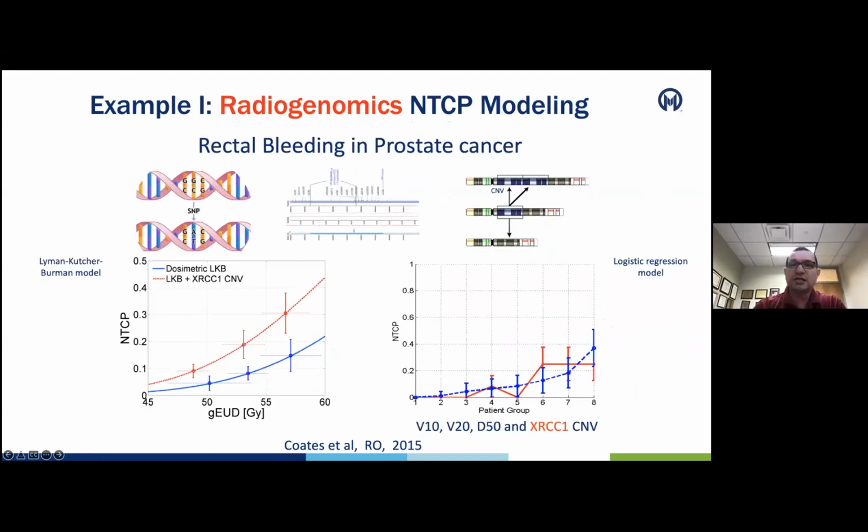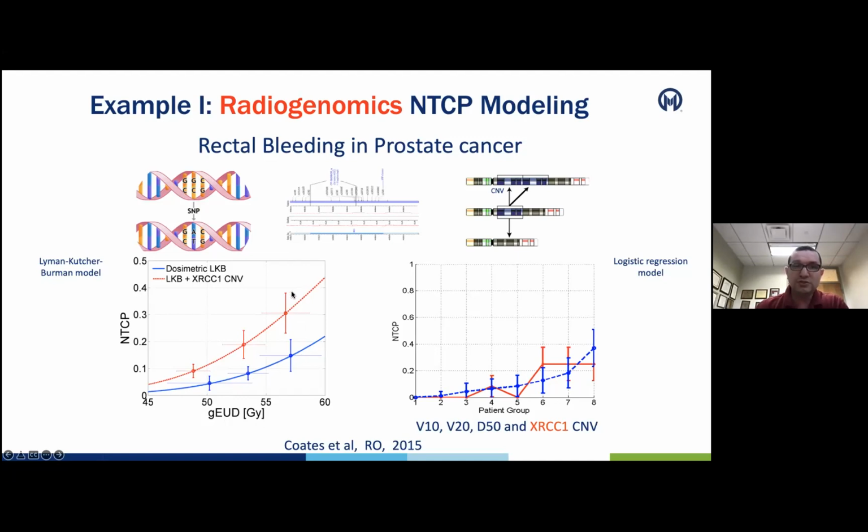I'm going to show an example for rectal bleeding in prostate cancer. In this case, we are modeling using the Lyman-Kutcher-Burman model. I'll discuss more about these when talking about normal tissue toxicity modeling in the next lecture. But here you can see that with this NTCP model, as a function of dose or equivalent uniform dose, this is the kind of prediction you get.